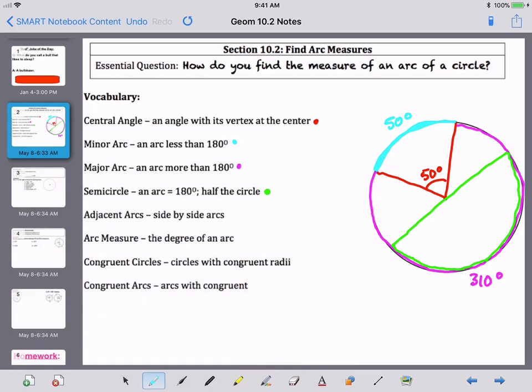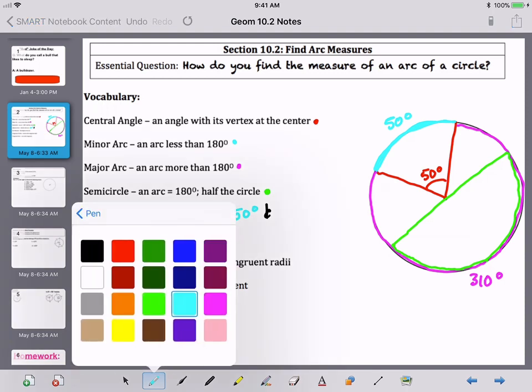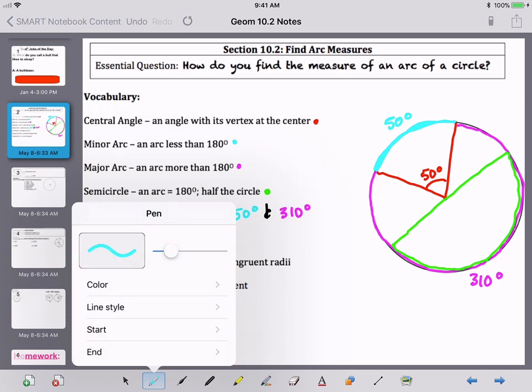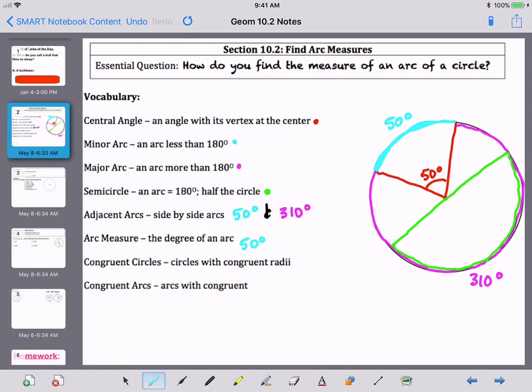So, for example, this 50 degree arc and the 310 degree arc that we talked about a moment ago, those would be adjacent arcs. And then the arc measure is pretty much the same thing. Like 50 degrees is the measure of this blue arc. So it's just a number.